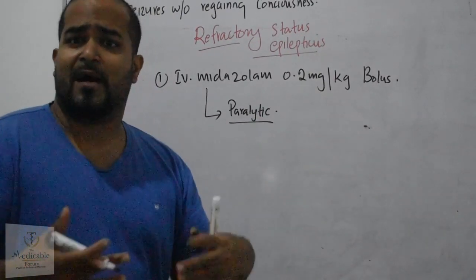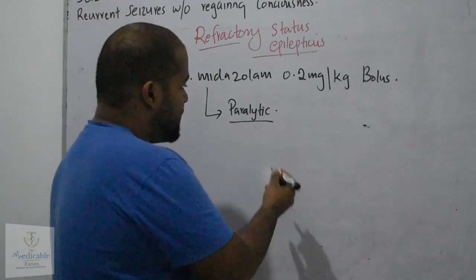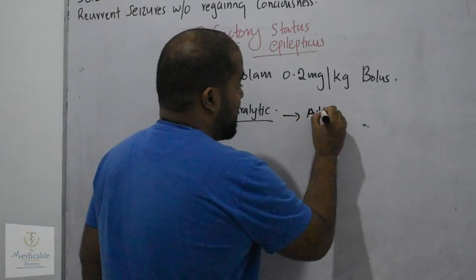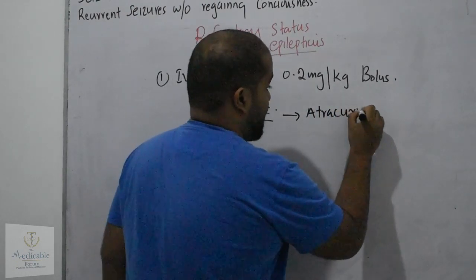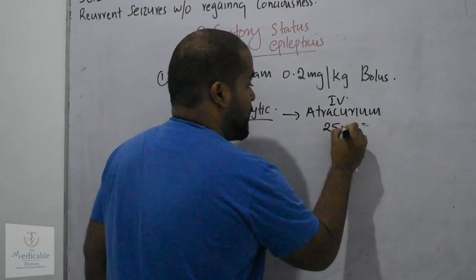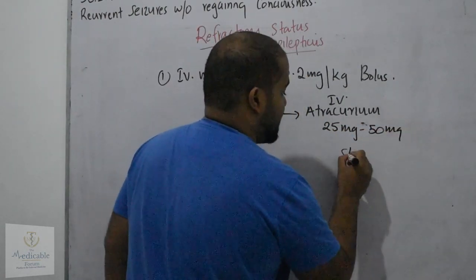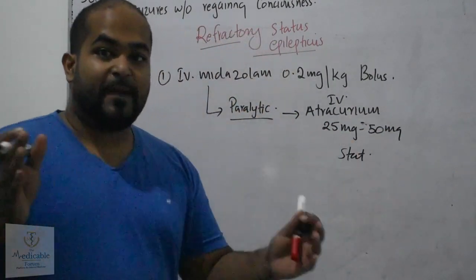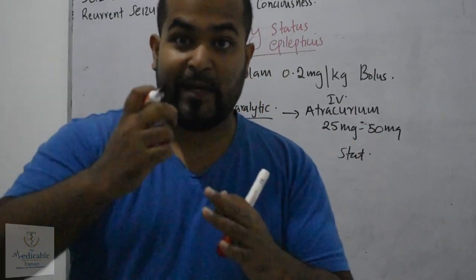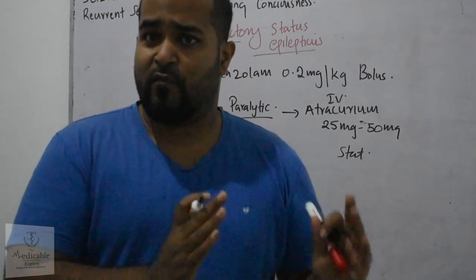Instead, you can use other paralytics like atracurium, rocuronium. So, you can give atracurium IV, 25 milligrams to 50 milligrams to start. Then the patient will be ready for intubation. Quickly intubate, secure the airway, connect him to the ventilator and continue ventilation.